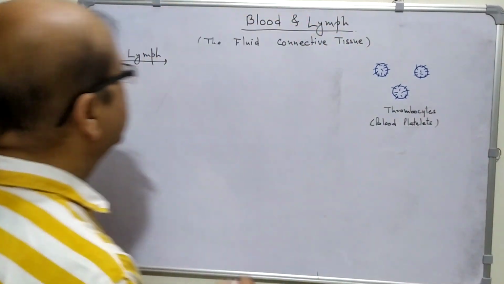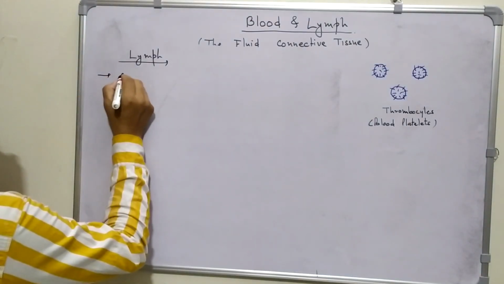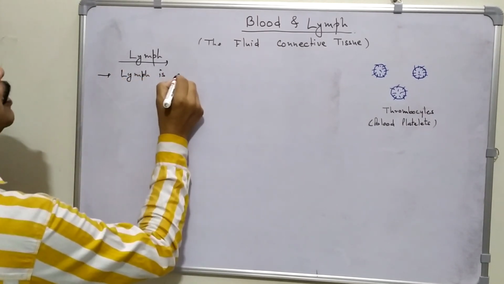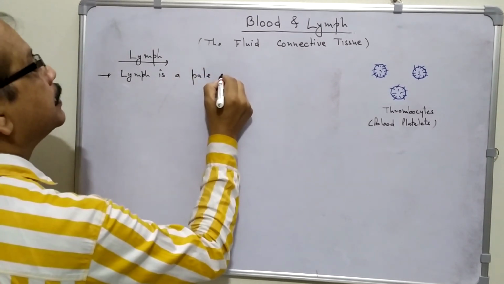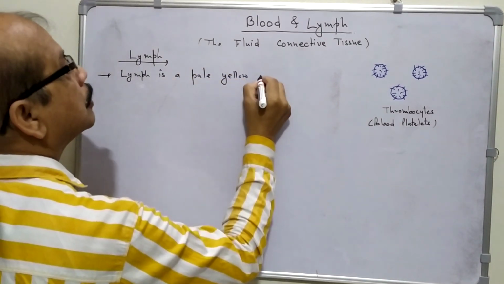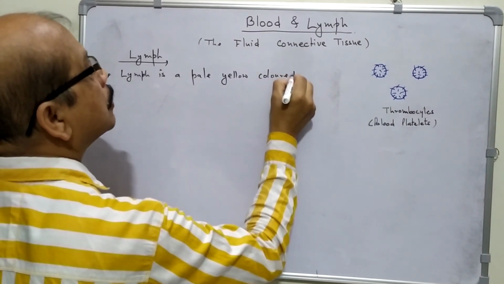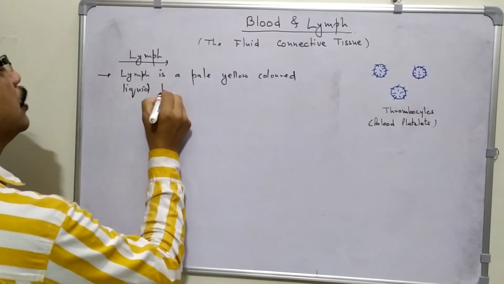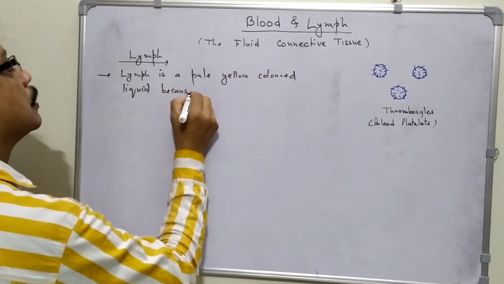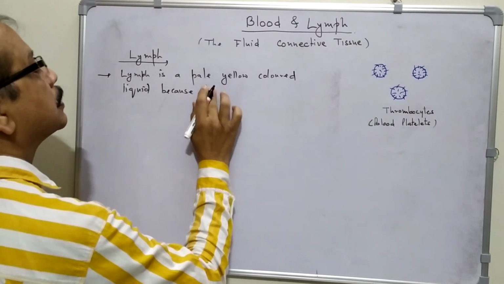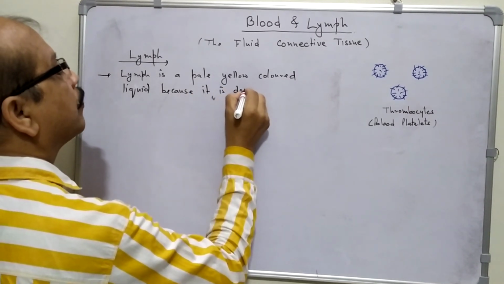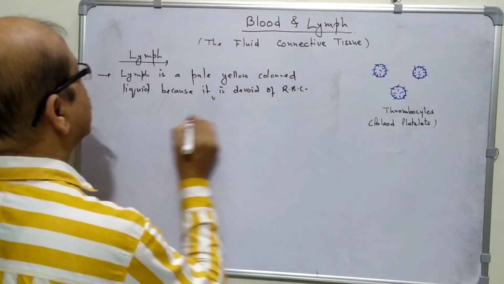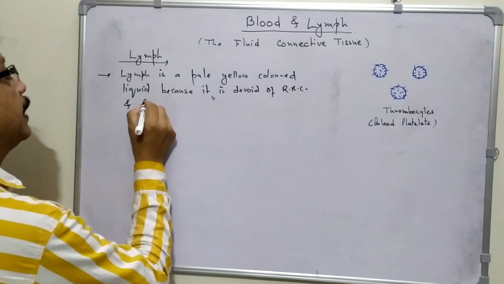Lymph is a pale yellow colored liquid because it is devoid of RBC and platelets.